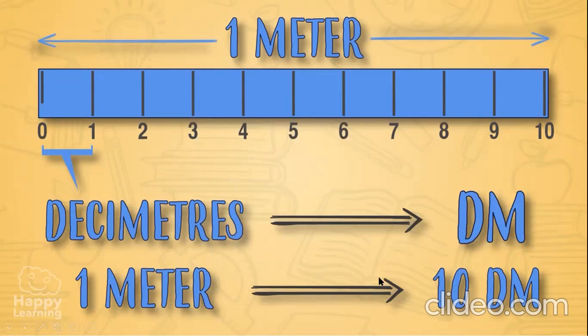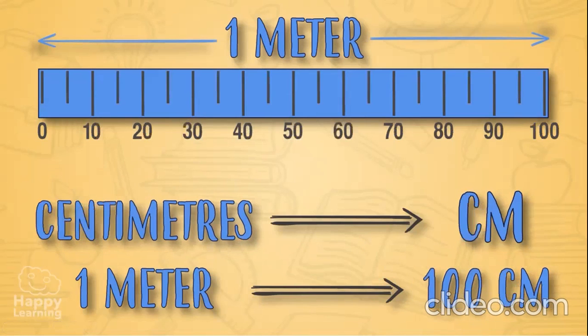How many decimeters has a meter? 10. Okay, perfect. If we divide a meter into 100 equal parts, we call them centimeters, represented by cm. 1 meter is 100 centimeters.